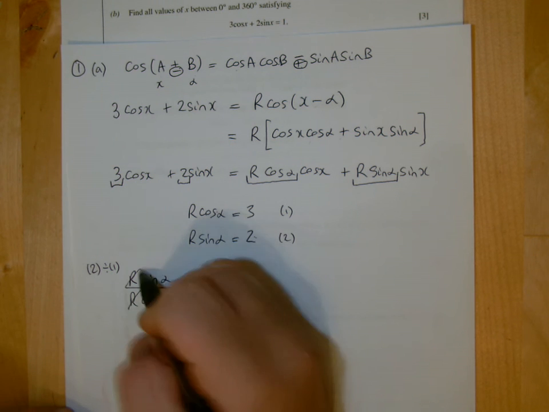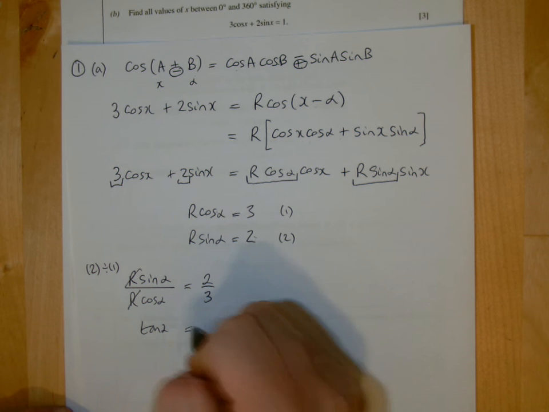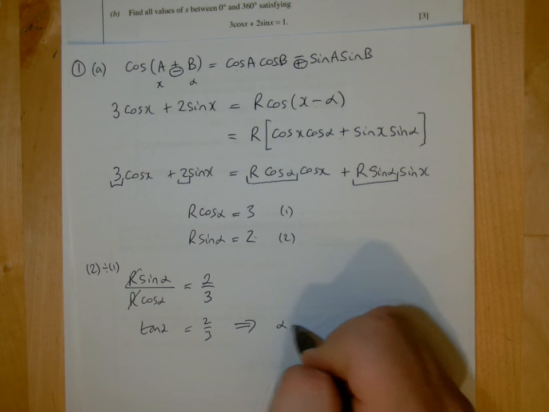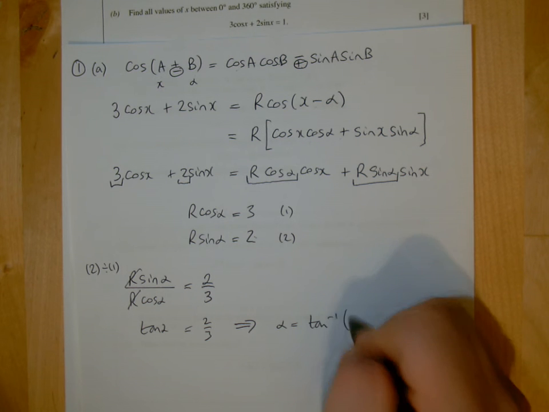The r's will cancel. Sin alpha divided by cos alpha is tan alpha, equals 2/3. Then I can work out alpha from there, by doing tan to the minus 1 of 2/3.